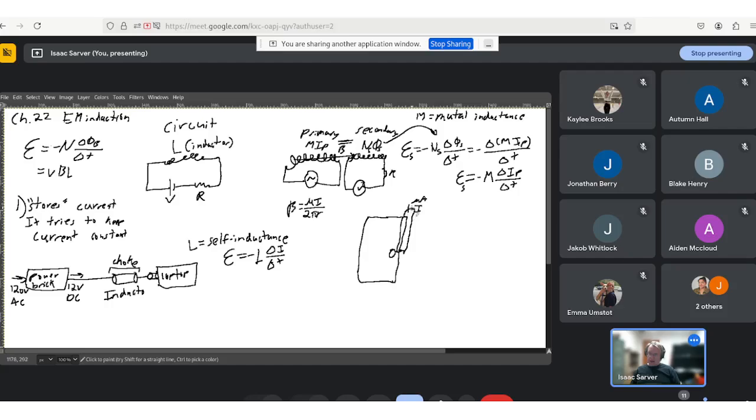So we got something like that. And in the process, they would include in here an inductor, where L was something on the order of like 10 henries or something like that.